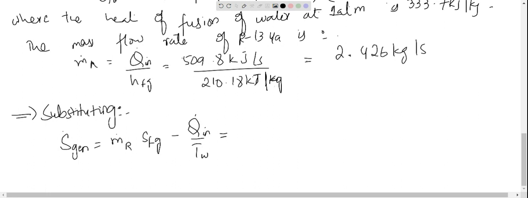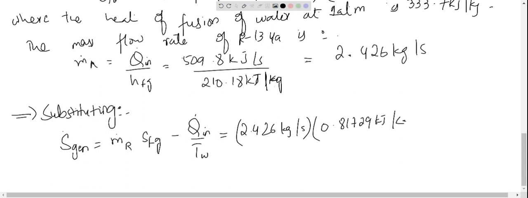Putting in all the values, that is 2.426 kg per second, and sfg value is 0.81729 kilojoule per kg Kelvin, minus 509.8 kilowatt divided by 273 Kelvin.